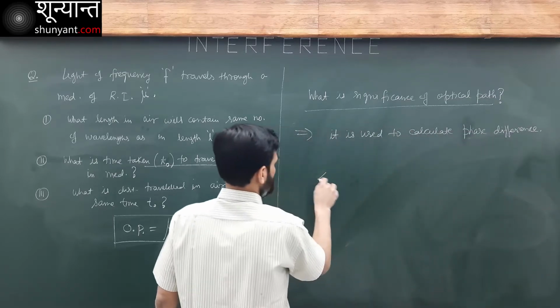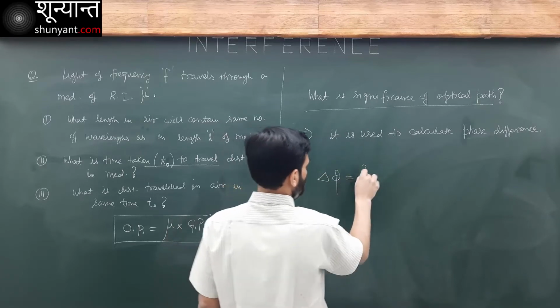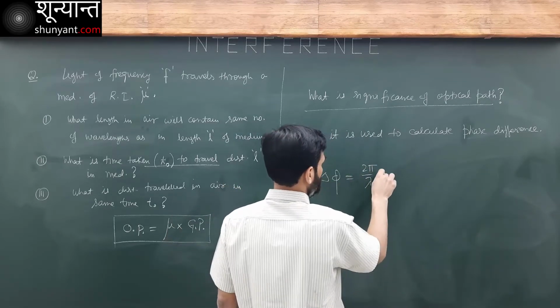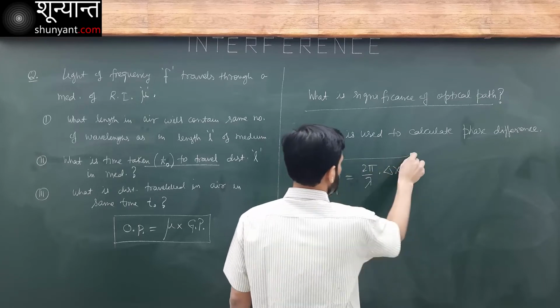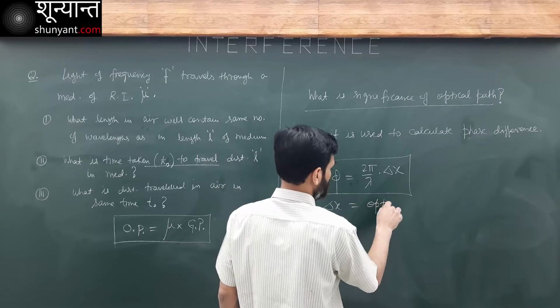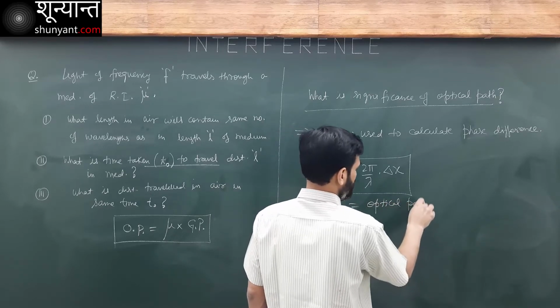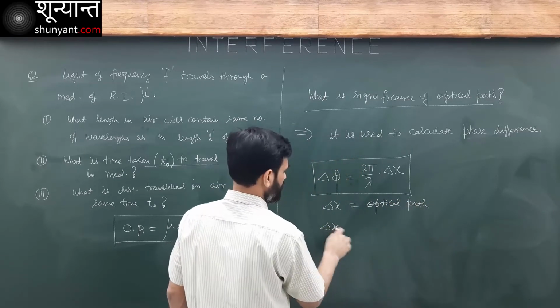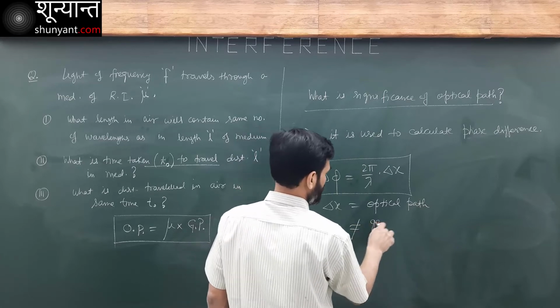In the relation delta phi is equal to 2 pi over lambda into delta x, delta x is equal to the optical path. Delta x is not equal to the geometrical path.